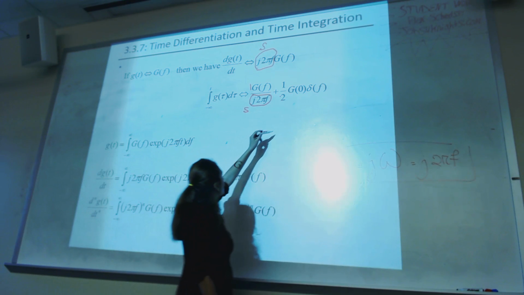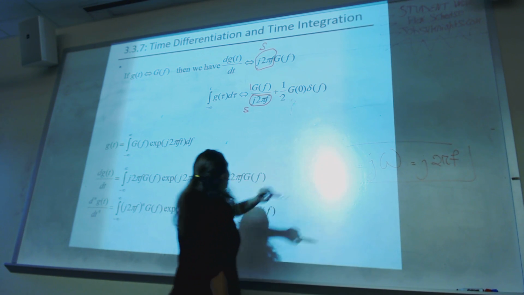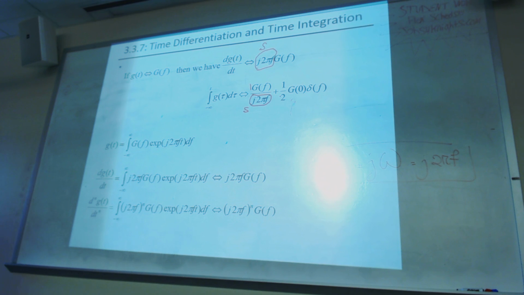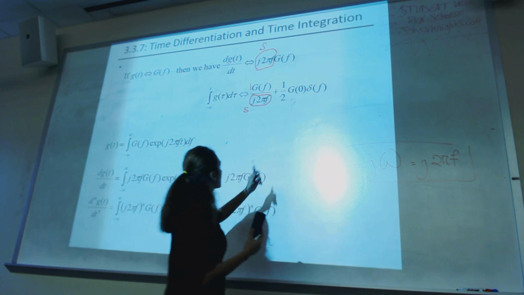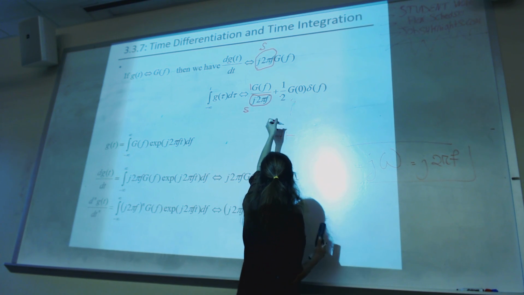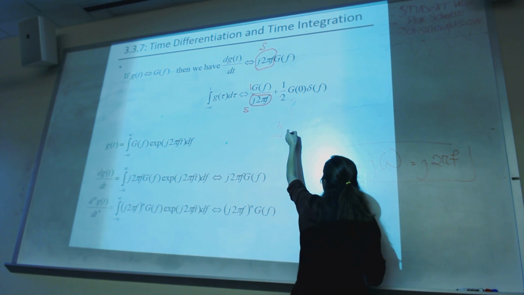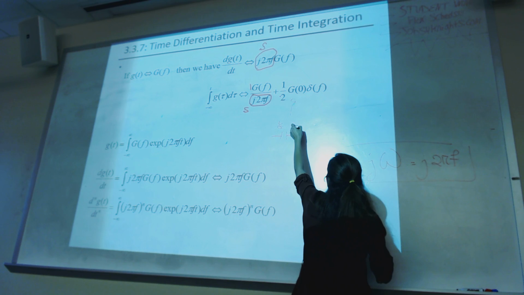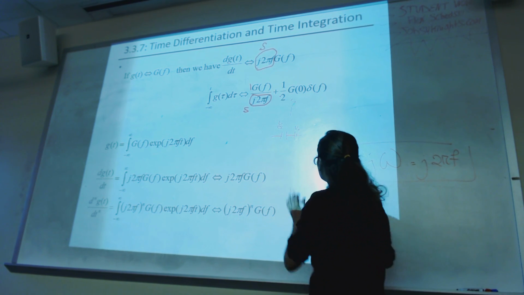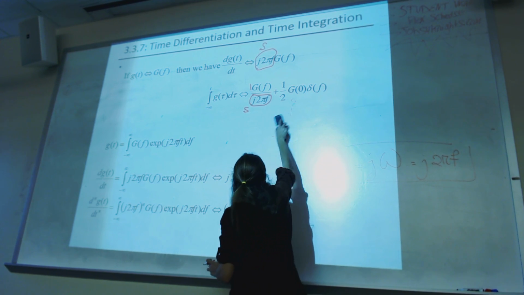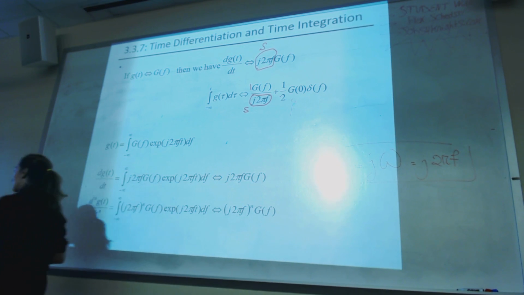Anybody remember the corresponding thing in the circuit? The initial value of the voltage of the capacitor, V0. We modeled the capacitor with 1 over Cs, and then we had the initial voltage in the capacitor, which can correspond.